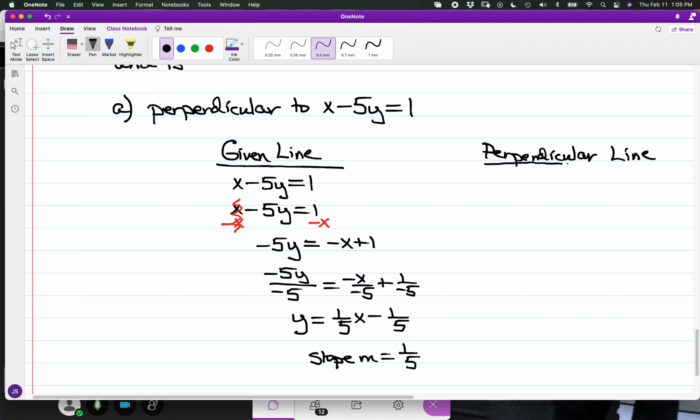And for the perpendicular line, you can see you have an opposite sign reciprocal slope. The opposite sign reciprocal of 1/5 is going to be -5.